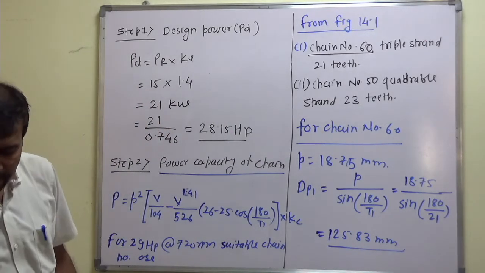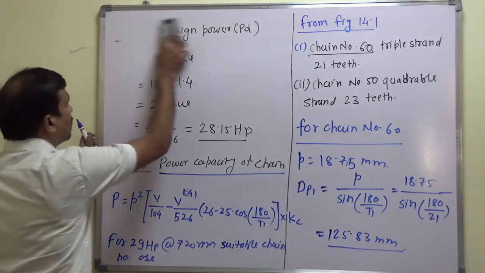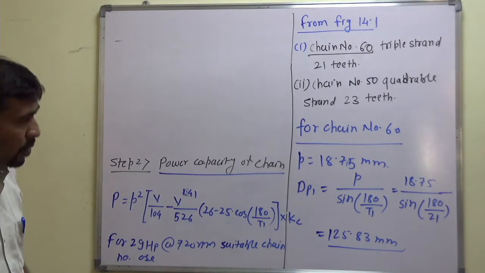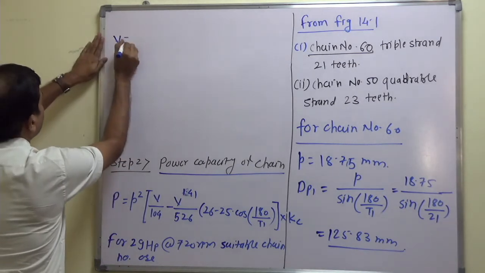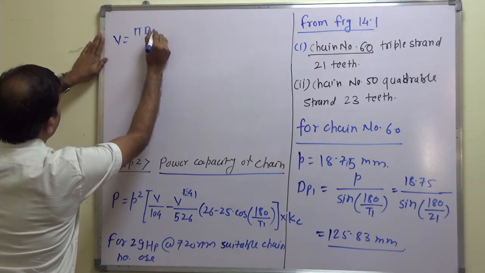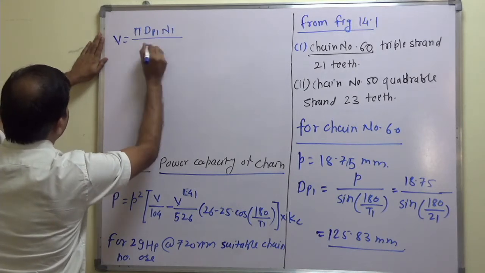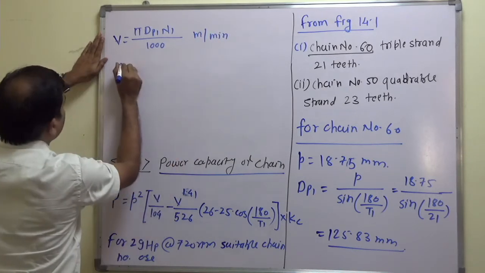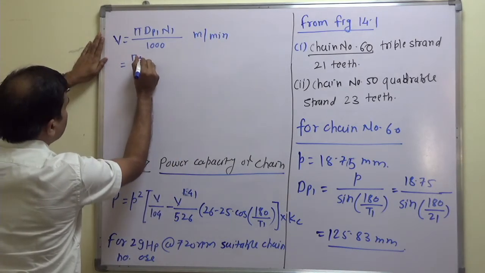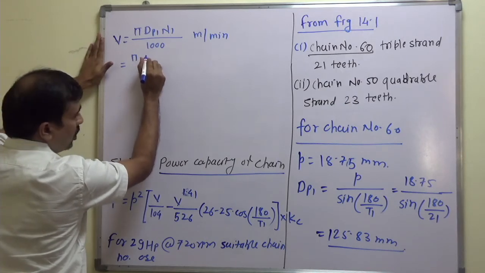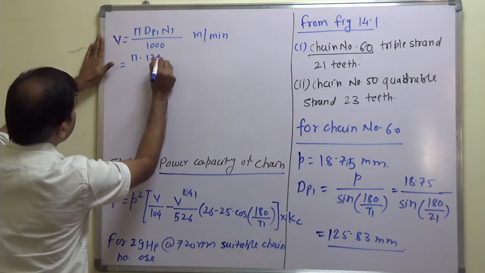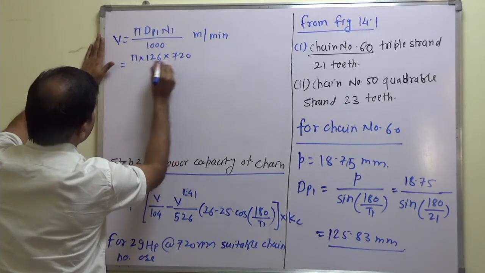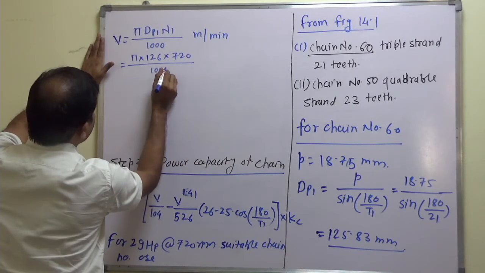So as you get the pitch circle diameter of the smaller sprocket, we can calculate velocity. V is equal to pi dp1 n1 divided by 1000 in meter per minute. That is equal to pi, dp1 approximately 126 you can take, into n1 is 720 rpm, divided by 1000.